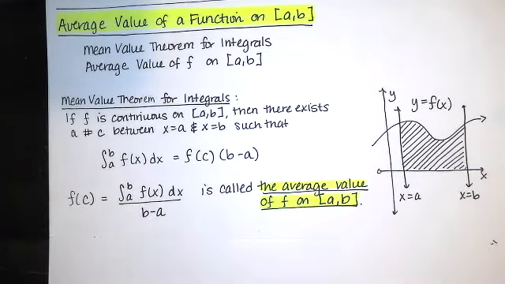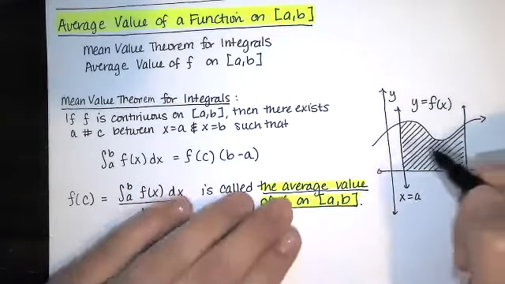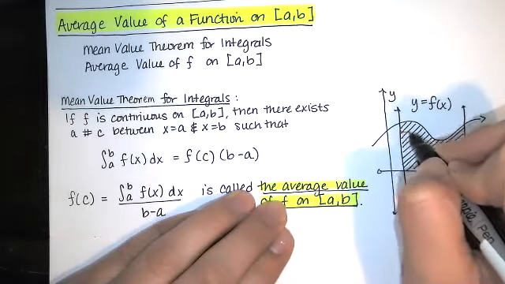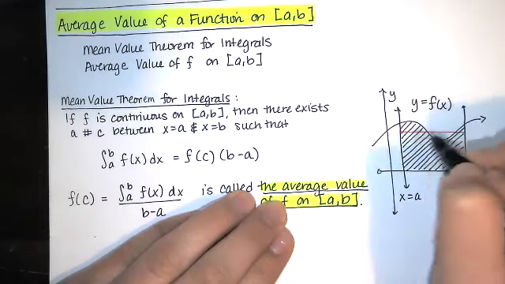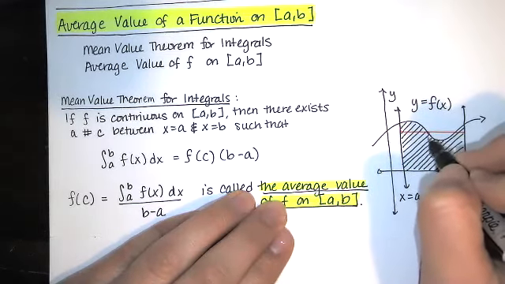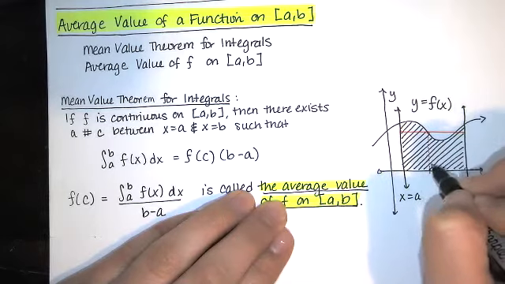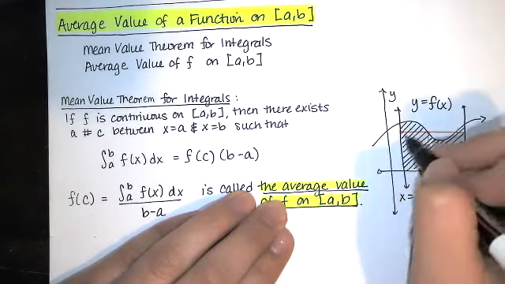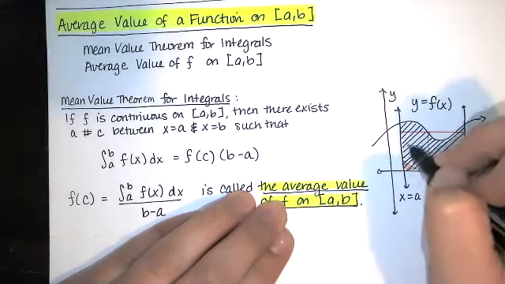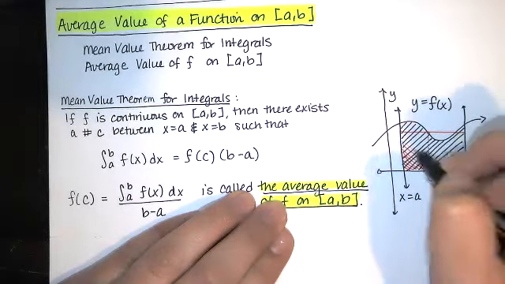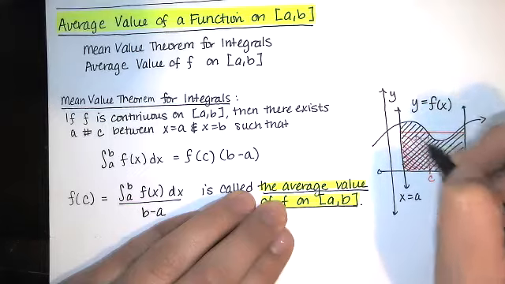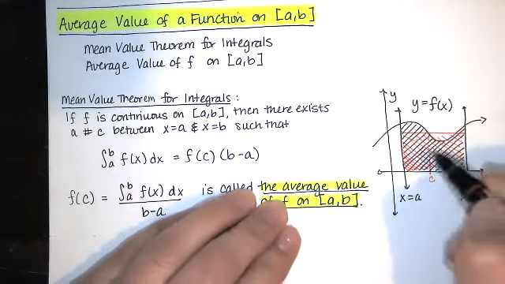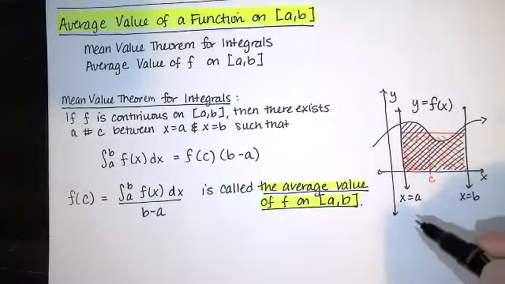So they're saying there's some c out there, maybe that's the value of c. I evaluate my function there at c. This red area, the area of this rectangle, is equal to that area under the curve.